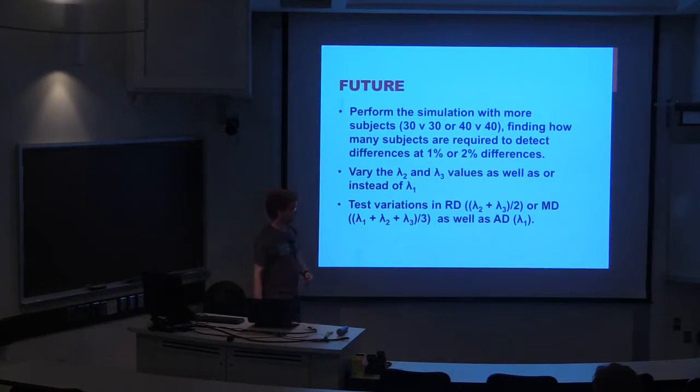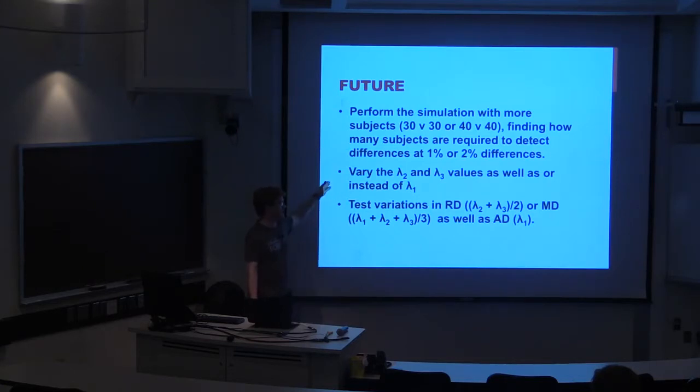The reason I didn't do this right here is because the time it takes to compute these is pretty lengthy. It takes several days on the cluster to run 20 subjects with TBSS, and exponentially more time to run it with 30 or 40. But obviously that's something I could do over the summer.